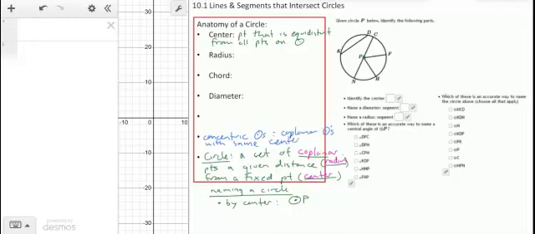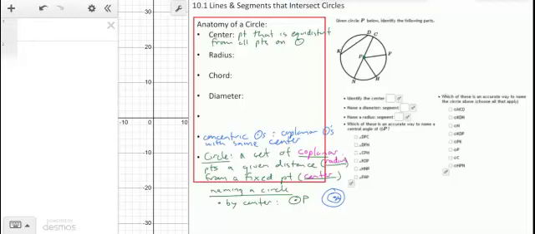Okay, so if you had something like this, where A is the center of these two circles, could you name that circle? Could you identify which of those two circles I'm talking about by calling it circle A? No, right? Because it could represent either of them. And so because you don't know which it is, you cannot name a circle by its center if it's concentric circles. Okay? So that's the one sort of exception to that.